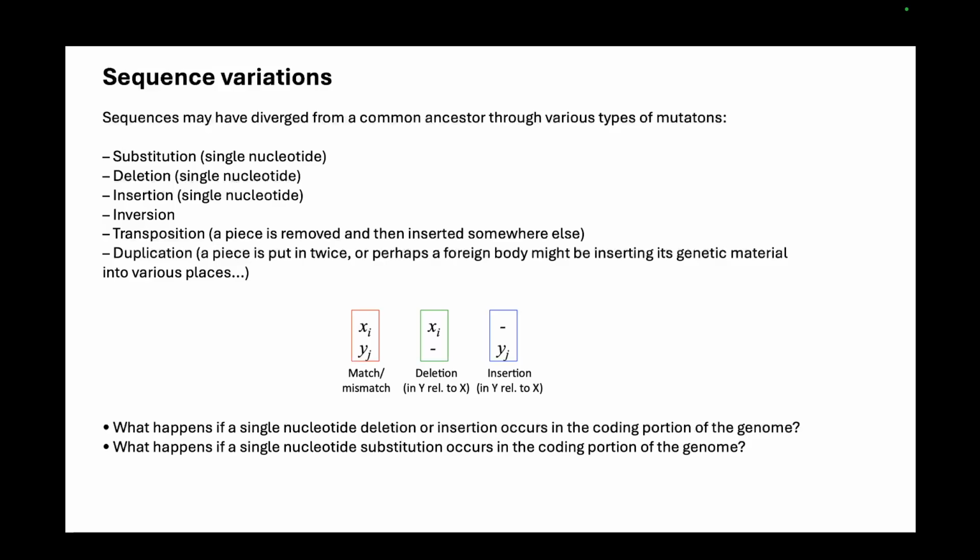Transposition is basically when another part of a chromosome, say DNA from chromosome 10, is cut and pasted in chromosome 1. And duplication is basically duplication of a particular sequence multiple times, so it amplifies a particular sequence inside the genome.